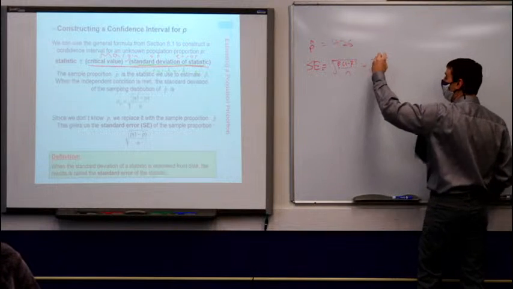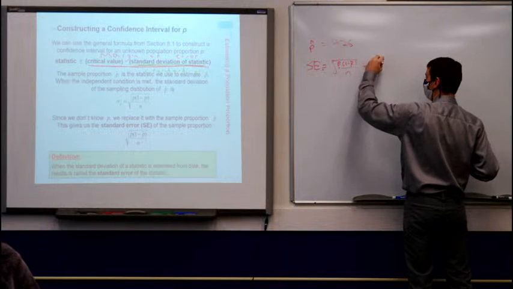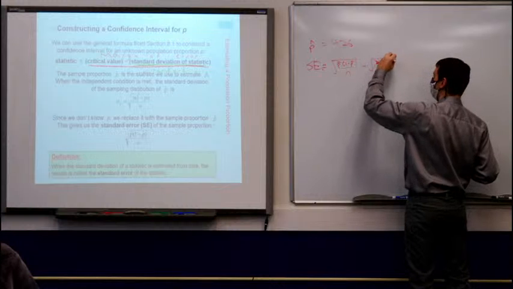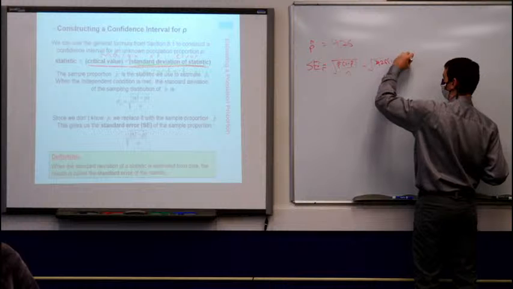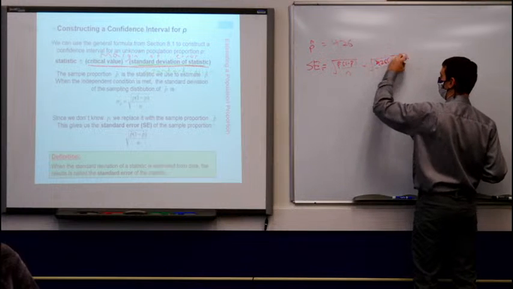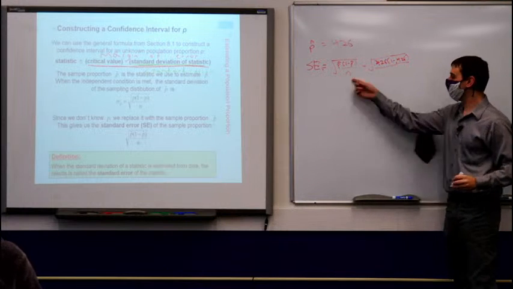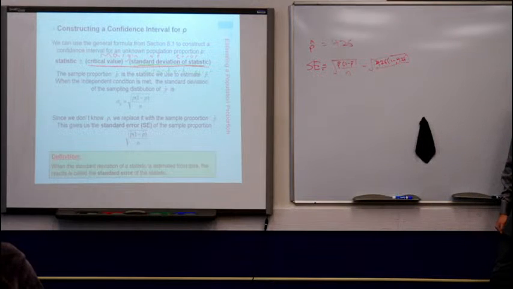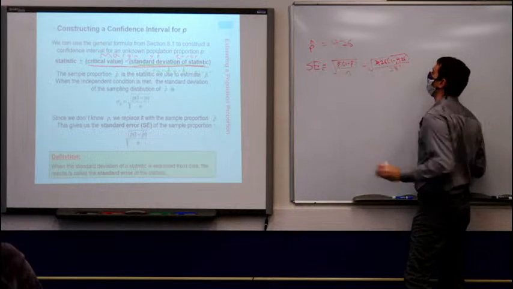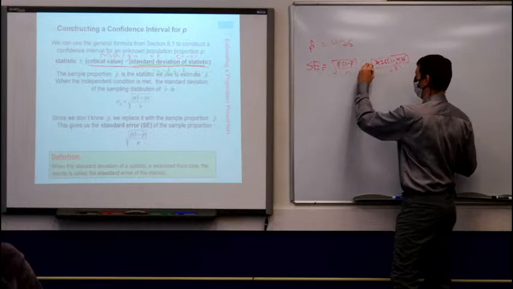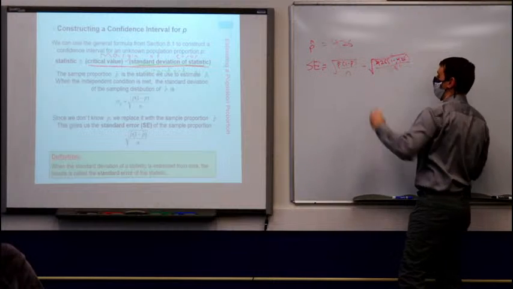And here, p hat was 0.426 times 1 minus 0.426 over, what was n? How many beads were in our sample in total? 251. So this will be our standard error.